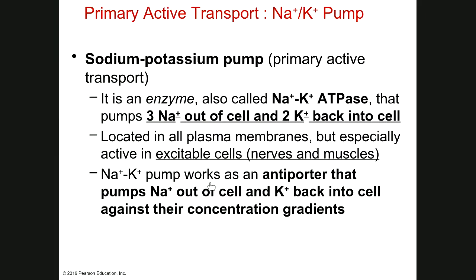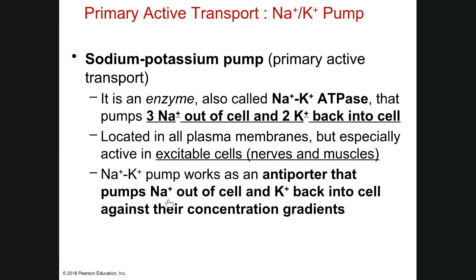Now remember, this is primary active transport. The sodium-potassium pump does not function based on simple diffusion. It's not related to that. This is primary active, a totally different kind of transport. So what that means is we are not having these ions go down their concentration gradient. It's the opposite.